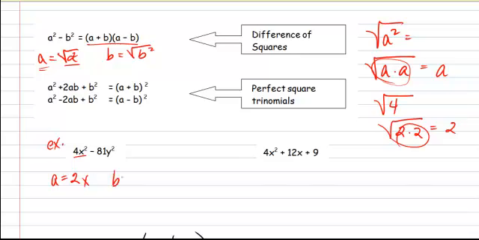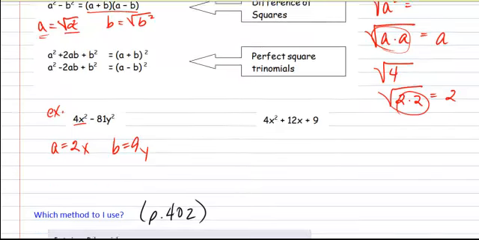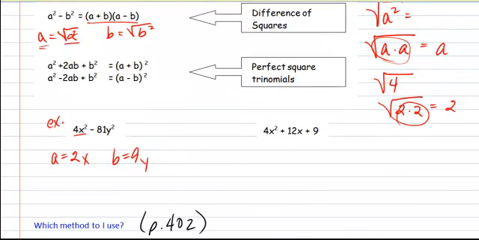I can do the same thing for b. The square root of 81 is 9, and the square root of y squared is y. So I can rewrite this using our formula above. It's simply a binomial times a binomial. We write the first term plus the last term, and we rewrite it again, the first term minus the last term. And that's the answer.